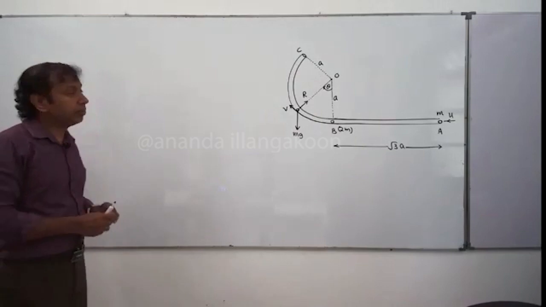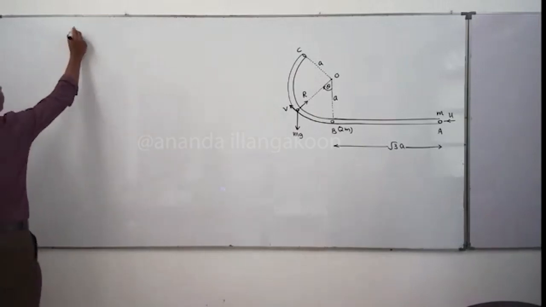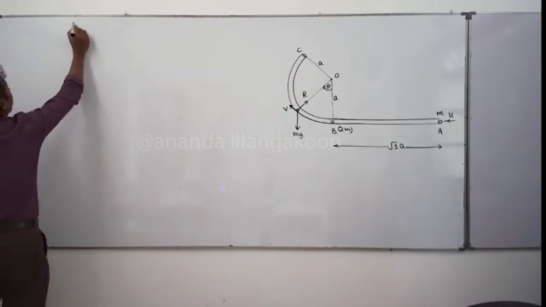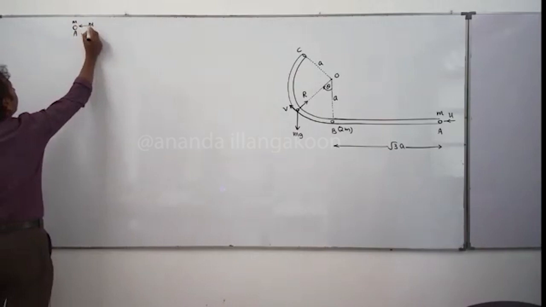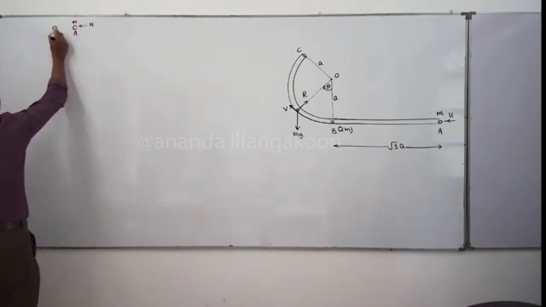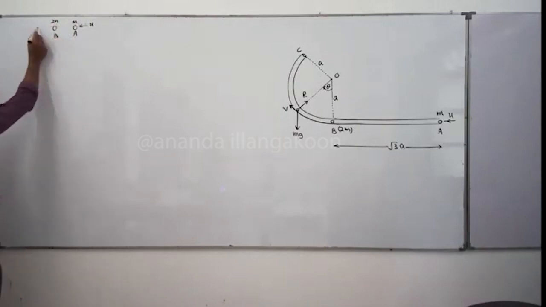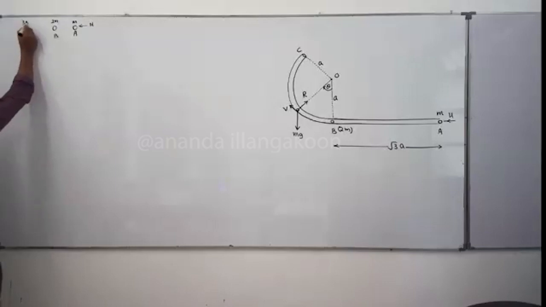Initially, particle A of mass m moves in this direction with velocity u. The other one, 2m, is at rest at B. Then they collide and begin to move with, suppose, the velocity w. Mass is 3m.